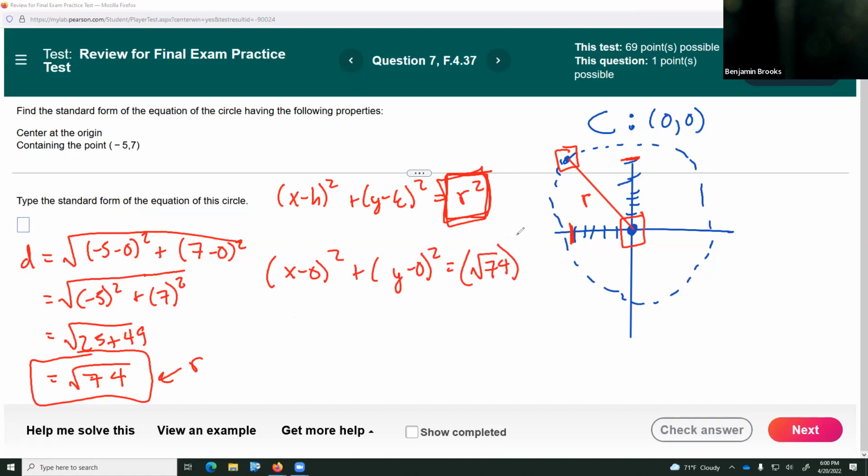But let's think about it. We're actually going to square that value. So what does that mean? If I put this all together, you end up with x squared plus y squared equals 74, because the square root and the square cancel each other out.